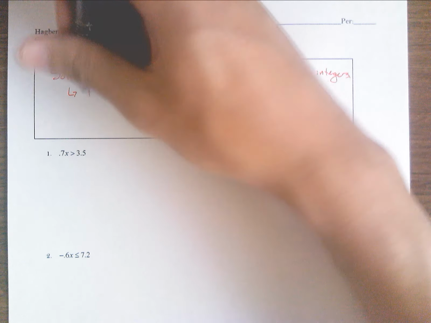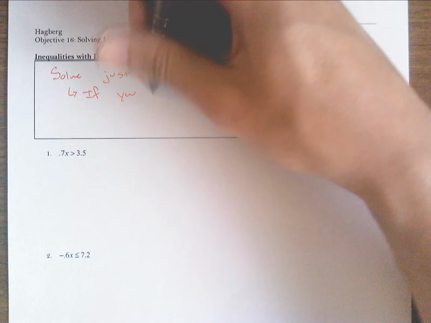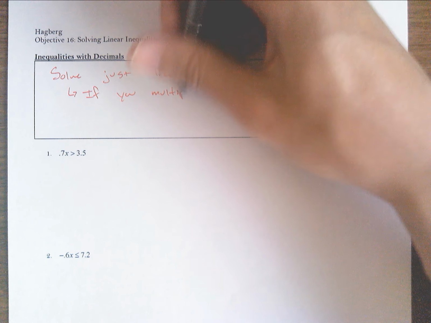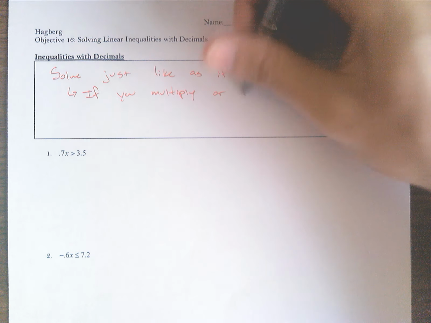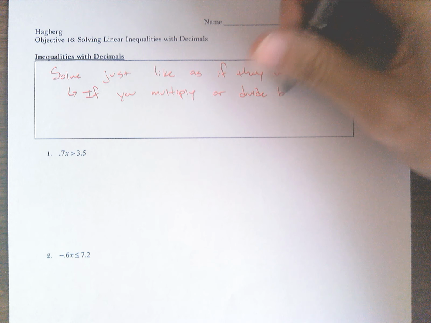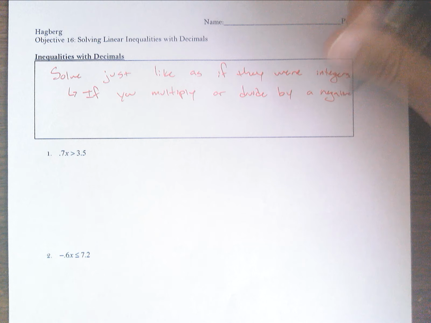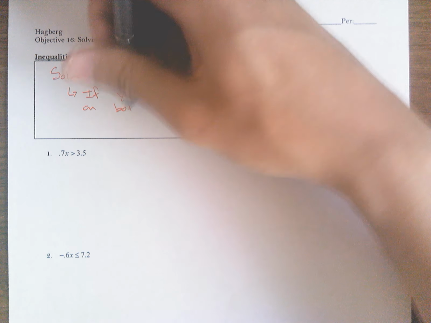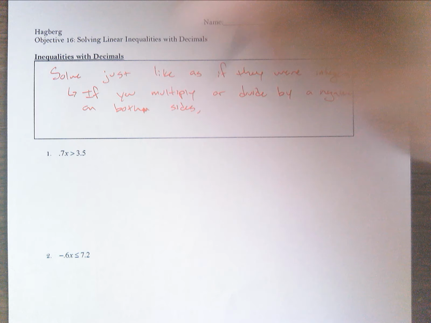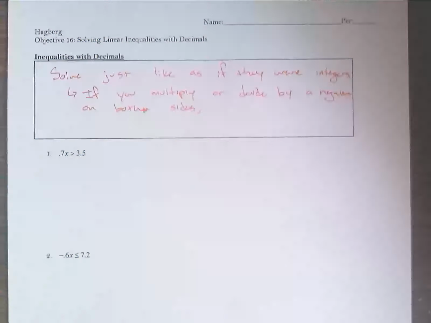So as a reminder, when we're solving with integers, if you multiply or divide by a negative on both sides, then you have to flip the inequality.